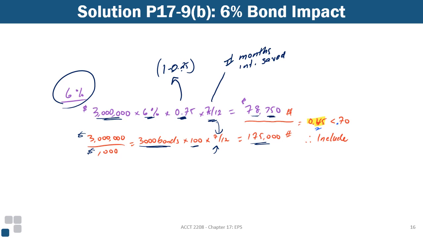So that's 175,000 shares. So 78,750 divided by 175,000 shares is 45 cents per share. Well, that 45 cents is still less than the basic of 70 cents. Therefore, we include this one as well.